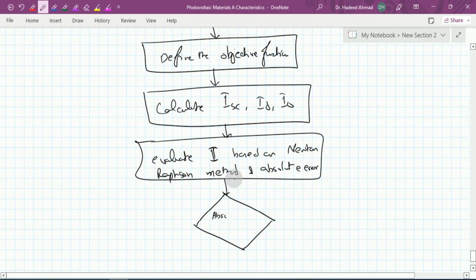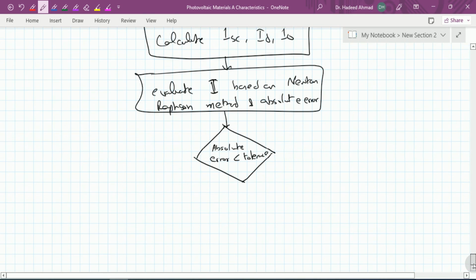So if this absolute error is less than the tolerance, or whatever the value is defined, because you need to terminate the program after the error is contained to a certain value. So this is defined by this tolerance.